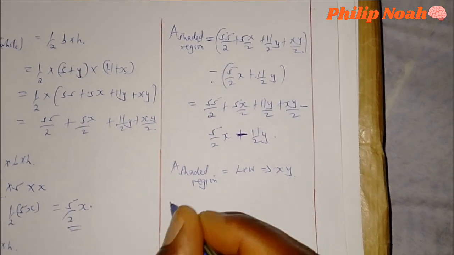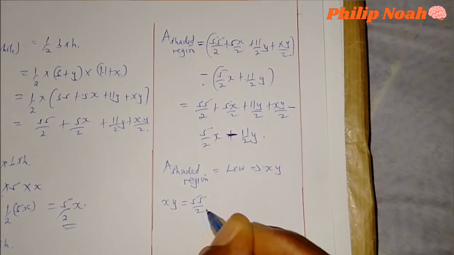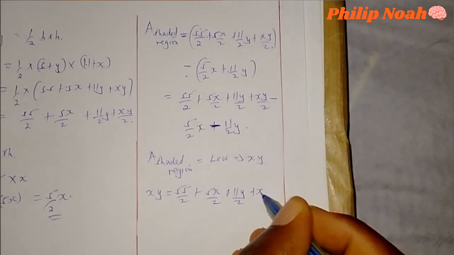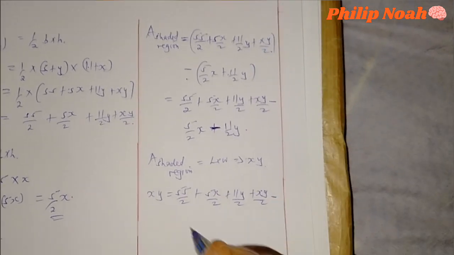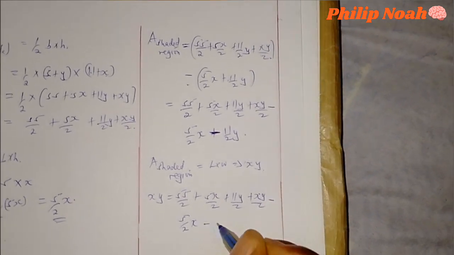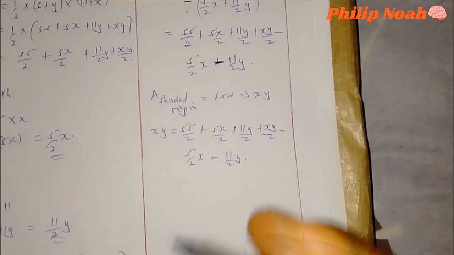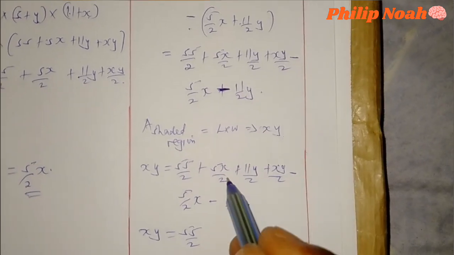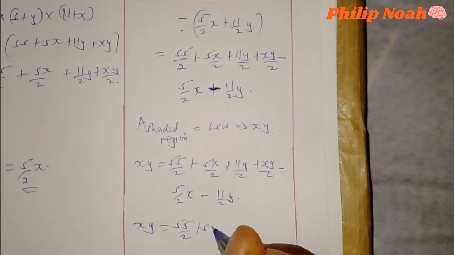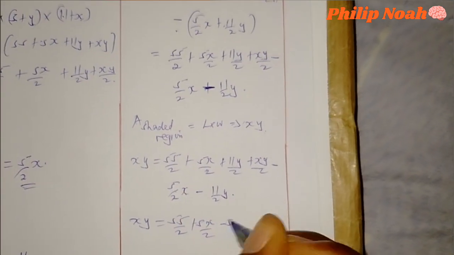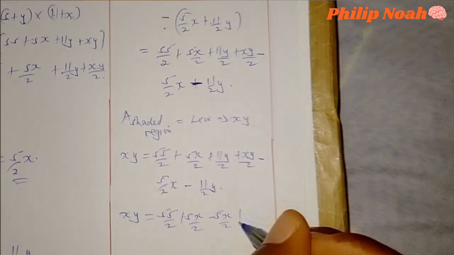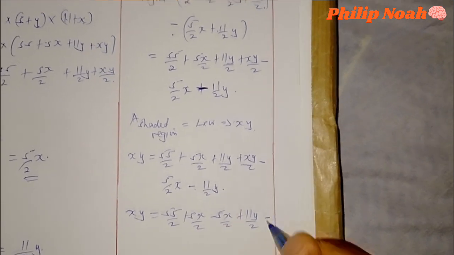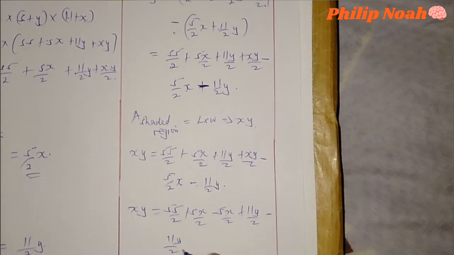Are you there? So you say xy is equal to 55 over 2 plus 5x over 2 plus 11y over 2 plus xy over 2 minus 5 over 2x minus 11 over 2y. And now we say xy is equal to 55 over 2. This and this are like terms, so plus 5x over 2 minus 5x over 2, plus 11y over 2 minus 11y over 2.